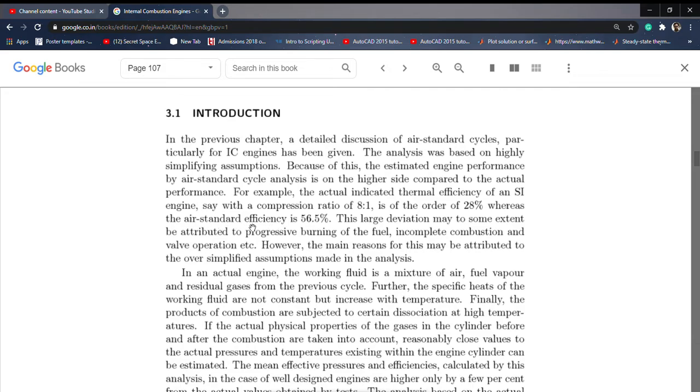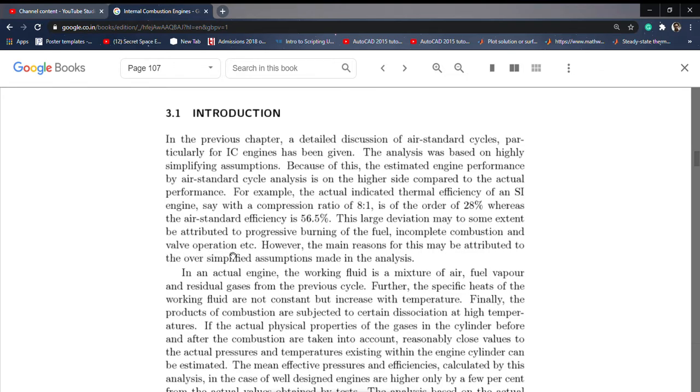Apart from that we had a number of assumptions, but in the actual cycle we have burning fuel. The air fuel mixture will come into the cylinder, and after combustion we have burned fuel. Incomplete combustion is also a factor. The whole air fuel mixture won't burn; some part will burn and some part will remain unburnt.